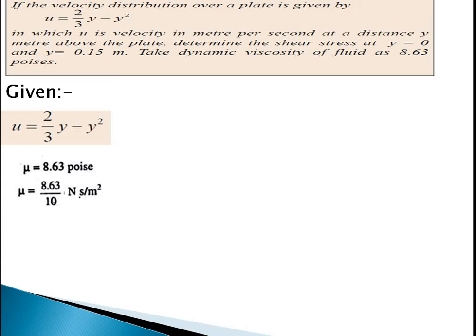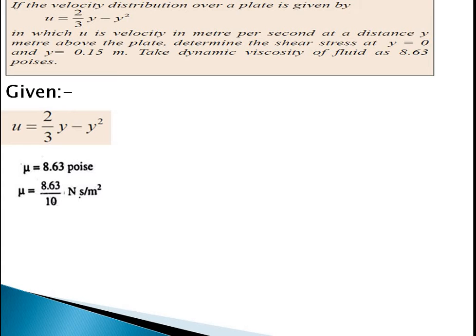Now see here, they have given the correlation between velocity and displacement. Instead of giving directly distance or velocity, they have given the mathematical correlation, and what is it? u is equals to 2 by 3 y minus y square.